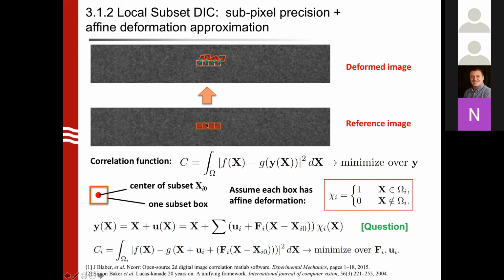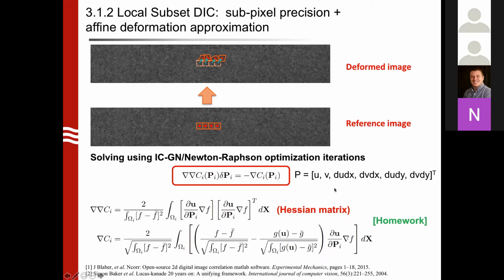But different orange boxes can have different values for U and F. For each box, you do the minimization to solve for U and F. If you put U and F in a long vector, you can apply the Newton-Raphson optimization or inverse compositional Gauss-Newton iteration to solve for U and F. Here I'll put the homework on the notes: how to derive this Newton-Raphson scheme. Feel free to ask me a question on this step.